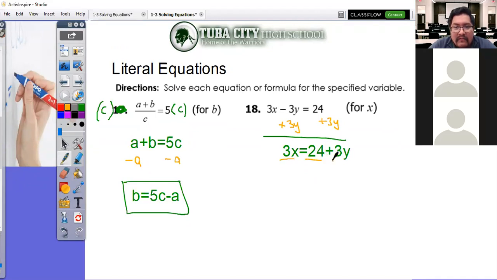Now, when you have multiple terms, like in this case, I have 2 terms on the opposite side, and you want to get the x by itself, we've got to divide everything by 3. So everything gets divided by 3.